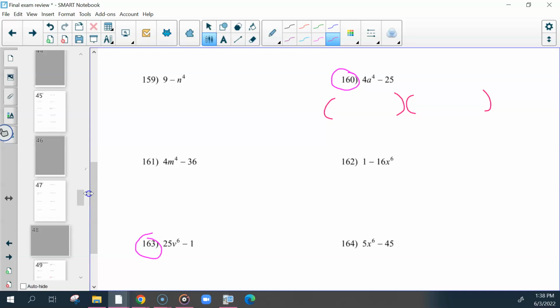But, sorry, my brain. These are still perfect squares, but this is no longer squared, it's some even term. So this would still be 2, but when you have an even term that's not 2, cut this number in half, so this would be a squared. And then 5 and 5. And plus and minus.